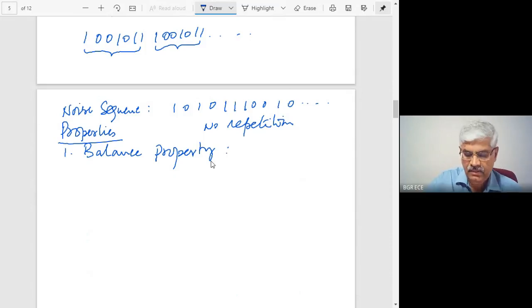That means if you count the number of ones and the number of zeros, on average they will be more or less equal. Suppose you randomly generate 1,000 bits, more or less there will be 500 ones and 500 zeros, distributed in a random fashion, but there will be 500 ones and 500 zeros, or 499 ones and 501 zeros, like that. More or less they are an equal number of ones and zeros. Such a property is called the balance property. So the random sequence will satisfy the balance property.